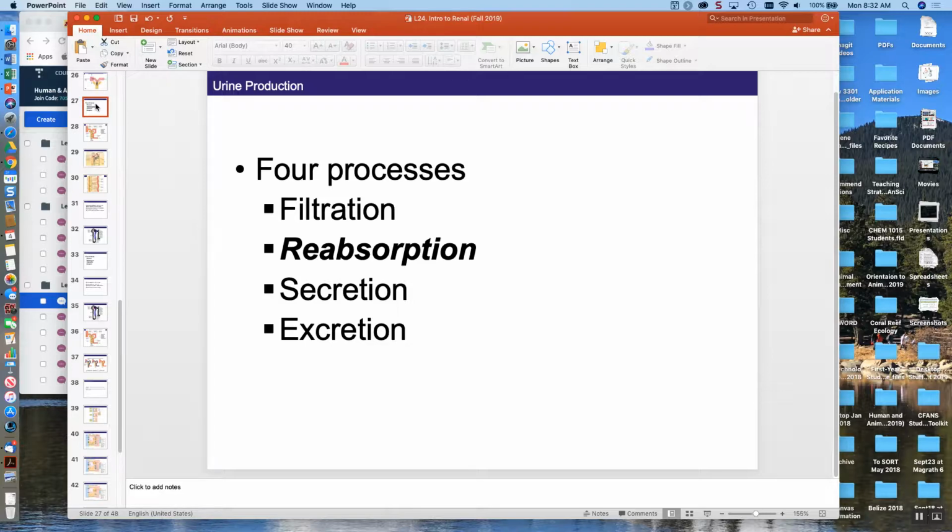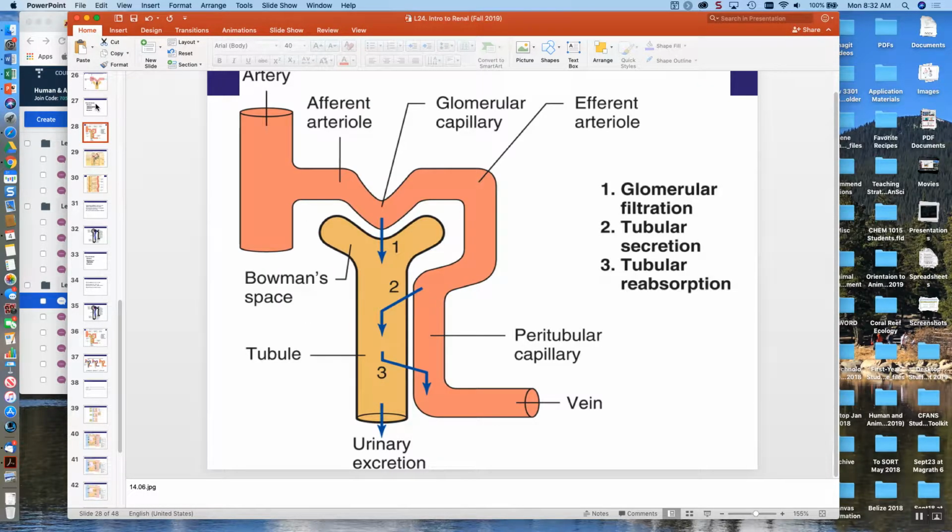So let's start off with reabsorption here. Remember, reabsorption is any time molecules, solutes, water, or fluid is pulled from the inside of the nephron, number 3 here, and delivered back into the blood supply. That's reabsorption. You're recovering these molecules and bringing them back into the circulatory system.